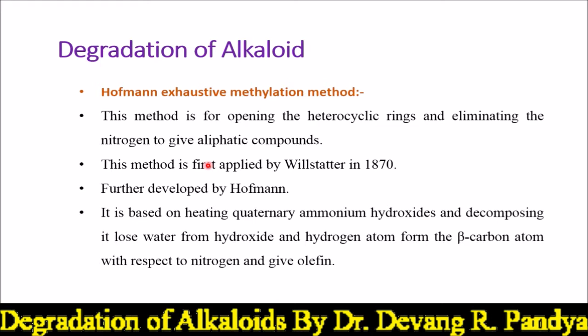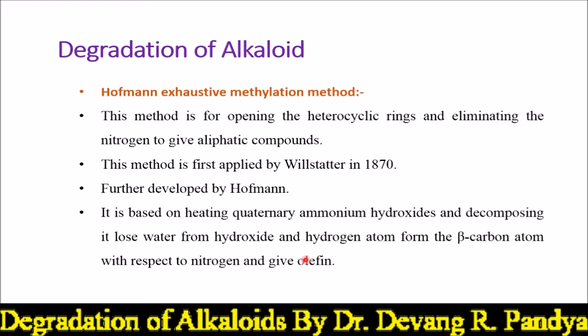That's why this process is known as the Hofmann exhaustive methylation method. It is based on heating quaternary ammonium hydroxide and decomposing it, with loss of water from the hydroxide and a hydrogen atom from the beta carbon atom with respect to nitrogen, to give an olefinic compound.